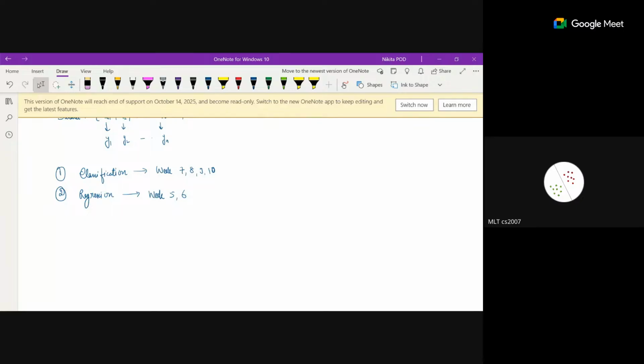That is more like a classification problem, and mostly we'll be studying the binary classification problem. For example, if a new email comes in, you classify it as spam or non-spam. So mostly we'll be studying the binary classification problem.